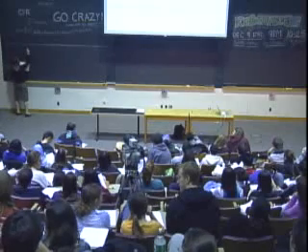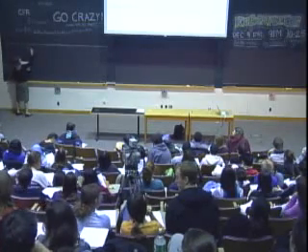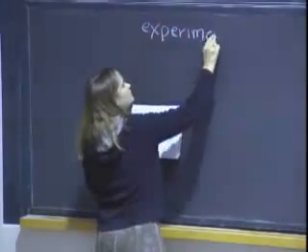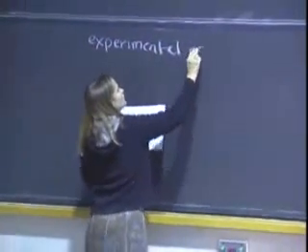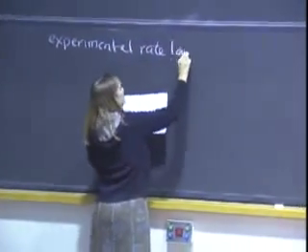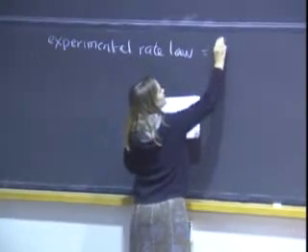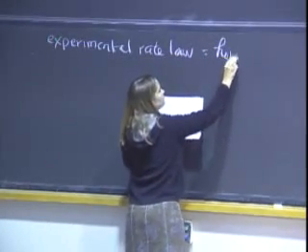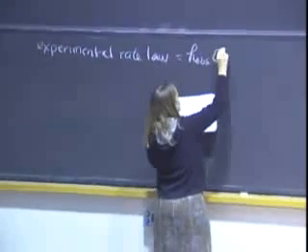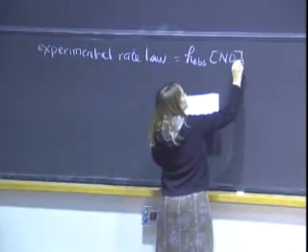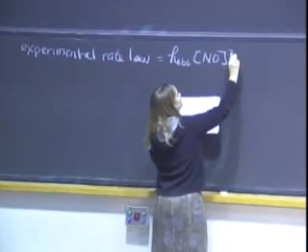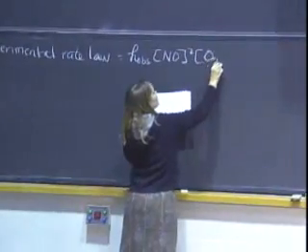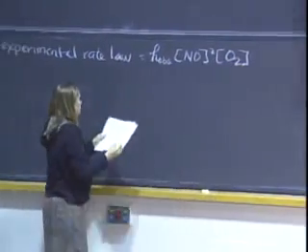So again, what was the experimental rate law? It is K observed, the observed rate constant, second order in NO, and first order in O2.